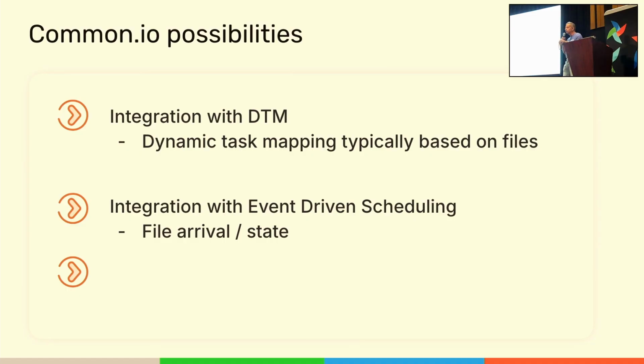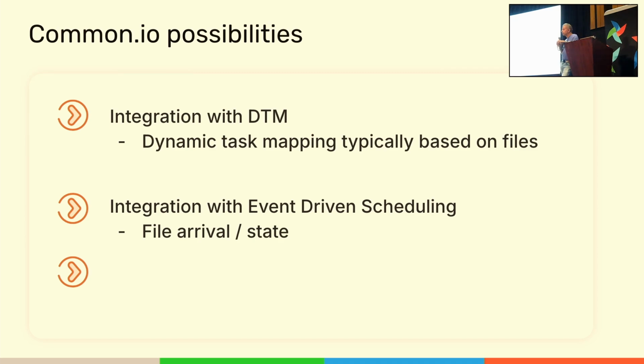Common.io, I was actually surprised that absolutely no one is using Common.io, but there are a few areas where we've seen relatively common, that's a pun, not deliberately intended, but it is very relevant with respect to two sets of use cases.